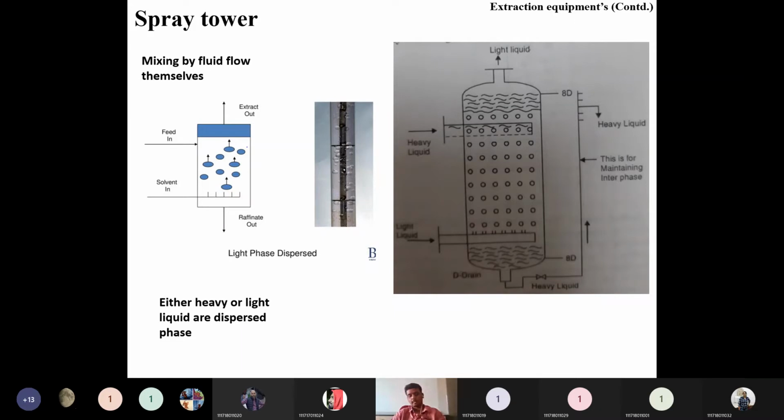That may be a good contact or a bad contact, nobody can say. But if you can arrange some agitation, some motion or turbulence inside, then mass transfer will obviously increase. Since here only the flow is responsible for intimate contact, nothing else, and there is no external force, mass transfer will be somewhat lower in spray towers. So this is about the spray towers.